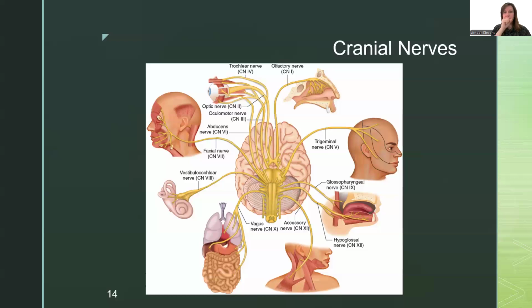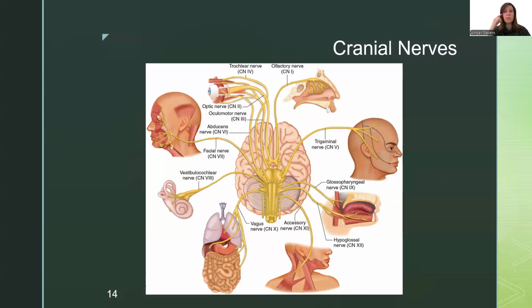All right, so here is an illustration of the cranial nerves. Okay, so you'll want to definitely know where these are located. So this figure shows the view of the under surface of the brain, and it illustrates the attachments of the cranial nerves. So again, there are 12 cranial nerves, which primarily serve the head and neck, but each nerve has specific functions.